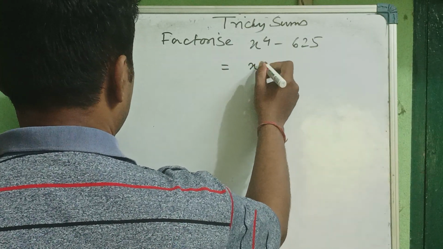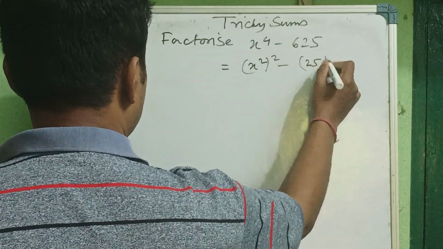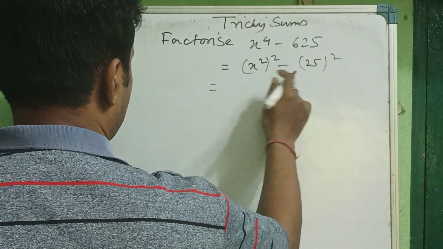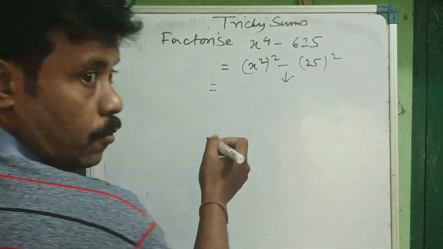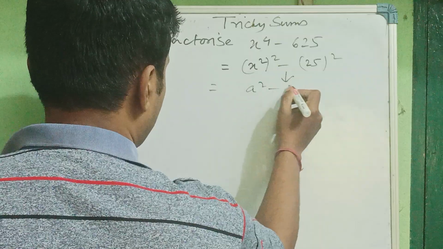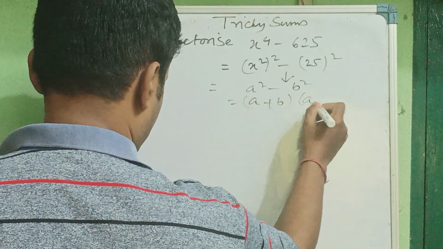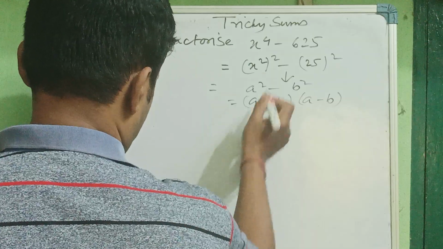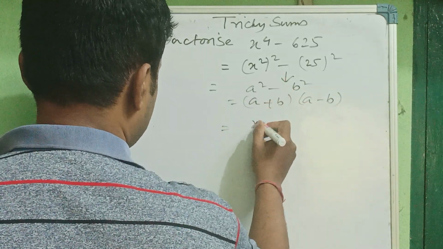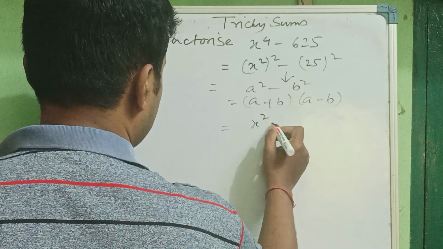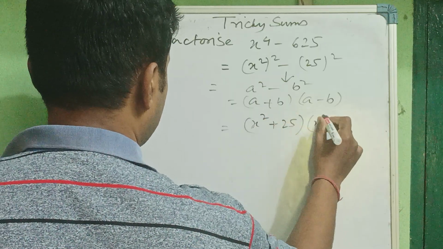x⁴ means (x²)², and 625 is 25 squared. If you get a square minus b square, the following identity applies: a² minus b² equals (a plus b) times (a minus b). By this identity, we can do this sum: x² plus 25 and x² minus 25.